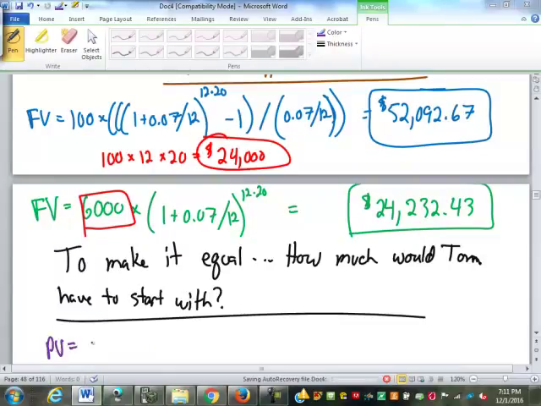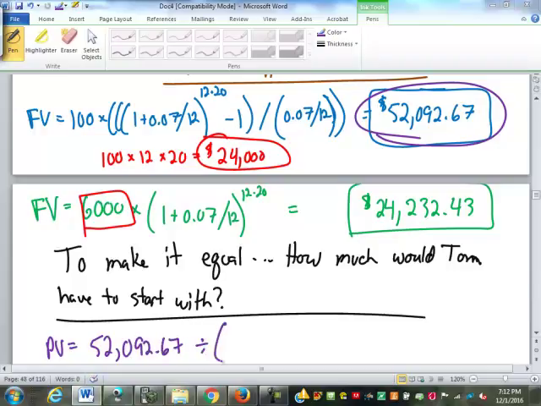Present value, what Tom would have to start out with, would be what Pete ends with, the $52,092.67 divided by, because we're going to a present value, we're going the opposite direction, 1 plus 0.07 divided by 12 to the power of 12 times 20, power of 240.